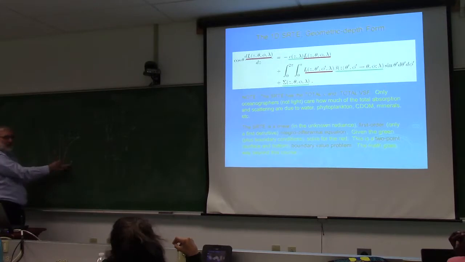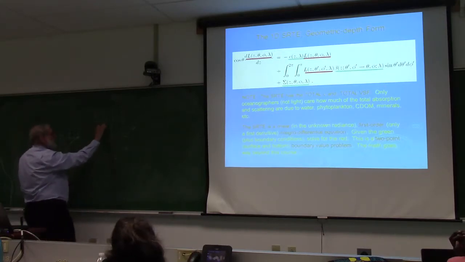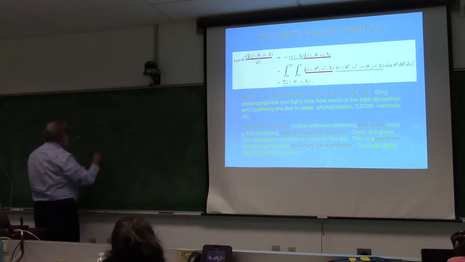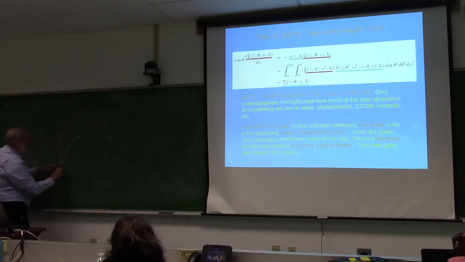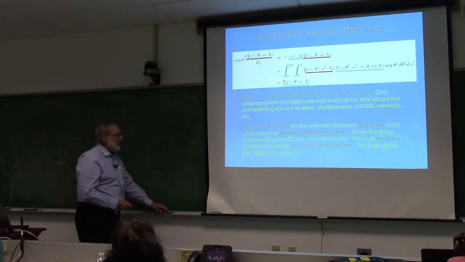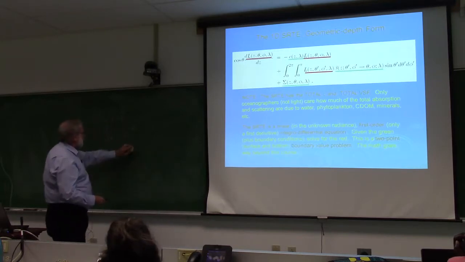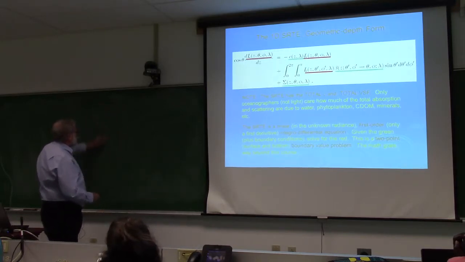Well, the function doesn't satisfy that. Now, if I said at 10 meters f has to be 1, then I could satisfy both boundary conditions, life is good. So anyway, in general, 2-point boundary value problems don't have a solution.